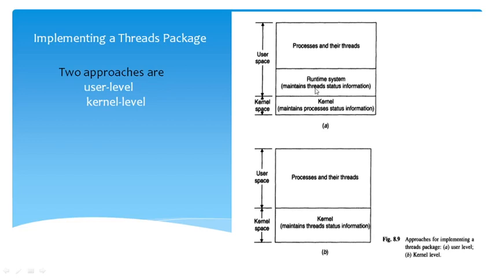All these procedures are given here, which illustrates the user level approach: the process and threads will run here in the user space, and this is the kernel space, which maintains the process state information. Above the kernel, the runtime system maintains threads status information. Above that, in the user space, the process and the threads will be maintained.